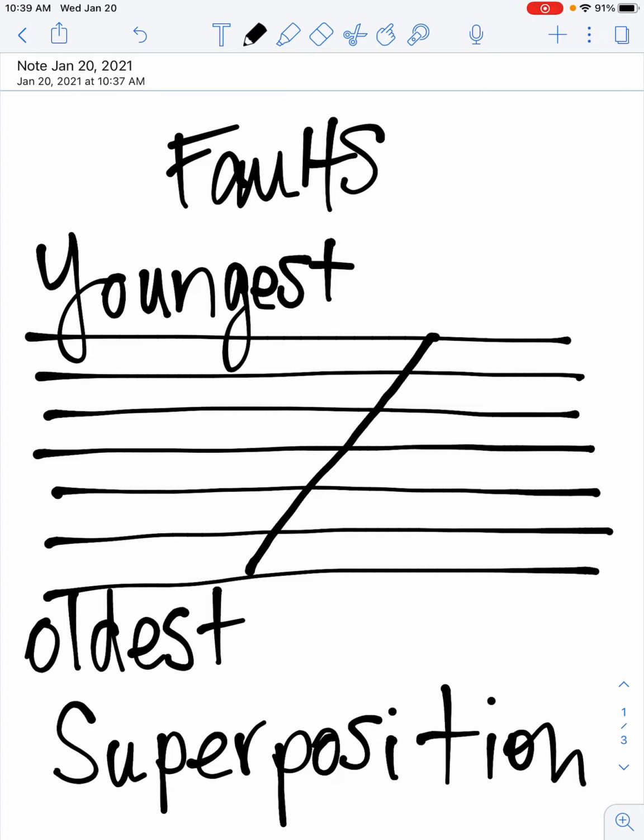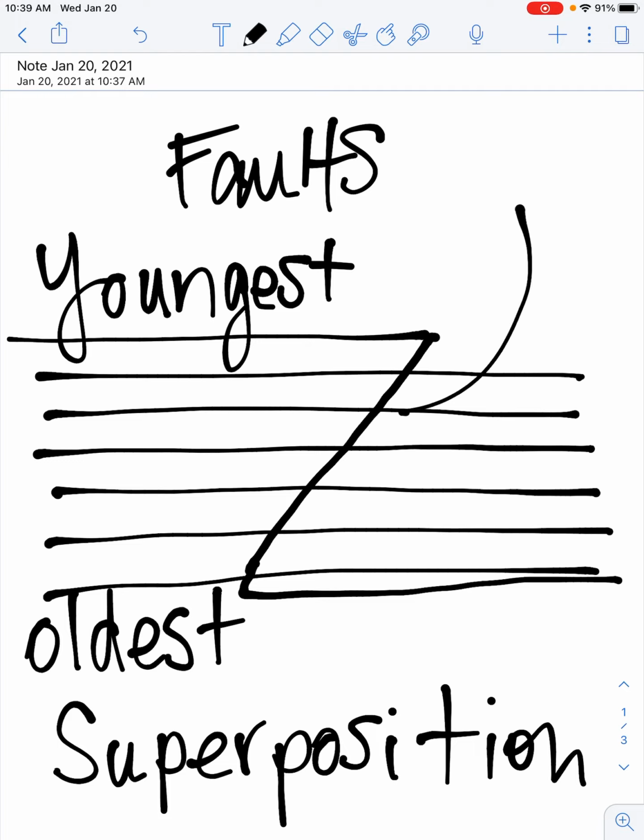And we've already talked about faults. So one kind of fault, if you recall, is a normal fault, and the other type of fault is a reverse fault. In this particular case, we have these layers that have been broken, and right here is the fault.